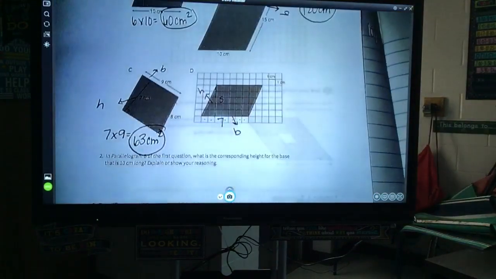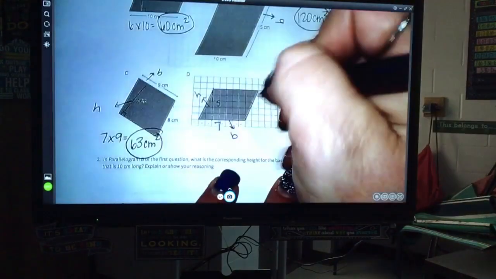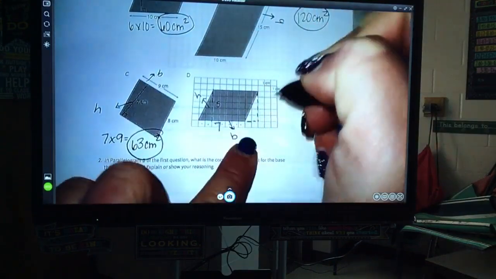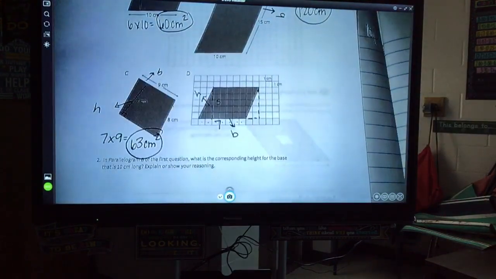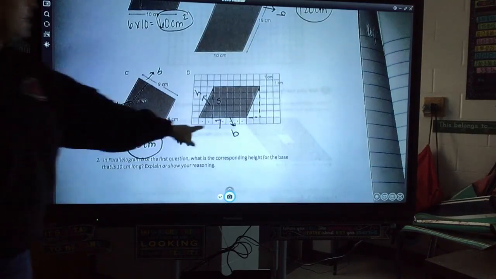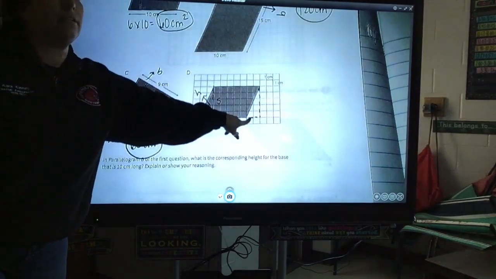Can we also put our height over here? Yes. So then that extends our base 2 units, right? But you're just moving the other triangle on the left side over to the right side. So you can also decompose. Yeah. Okay, so again, that means instead of it being 7, it's gonna be 9.